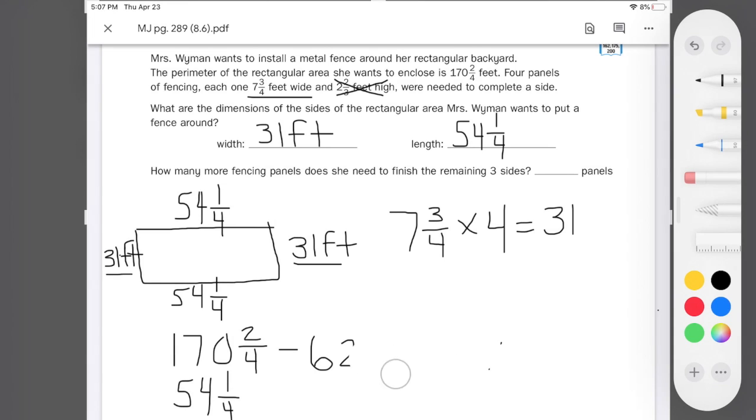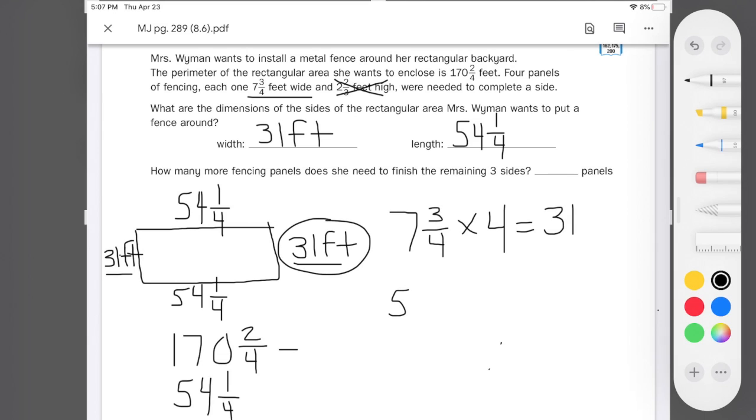Now the next question is, how many more fencing panels does she need to finish the remaining 3 sides? So 4 panels were needed to cover 31 feet. Okay, because remember, she already covered 1. So at least 4 panels are going to be needed to cover 54 and 1/4.